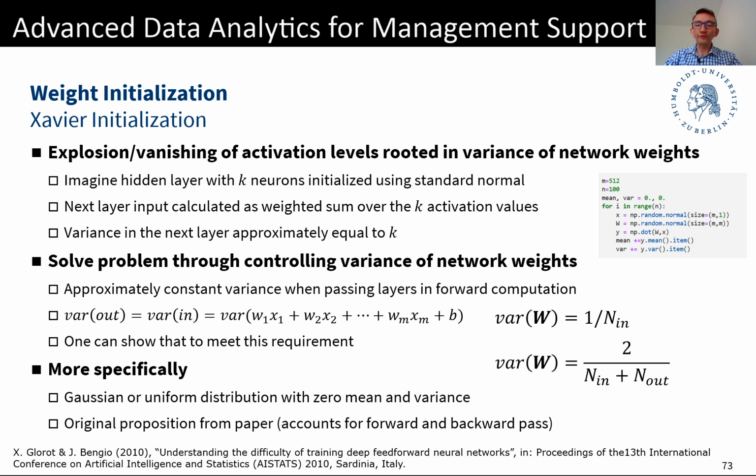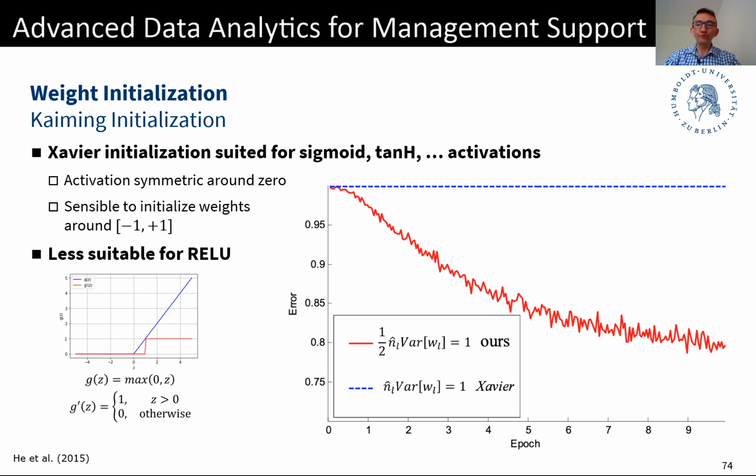And that was not the end of the story. You note that the paper was published in 2010. Of course, some more has been done. For example, just to note, the Xavier normalization is somewhat geared toward sigmoid and hyperbolic tangent activation functions in the neural network, while the ReLU function behaves a little bit differently.